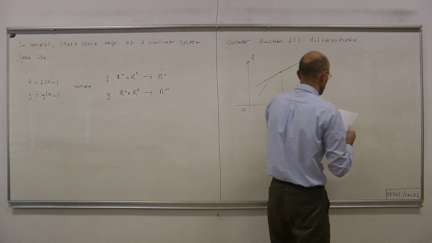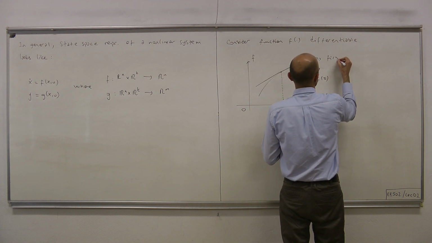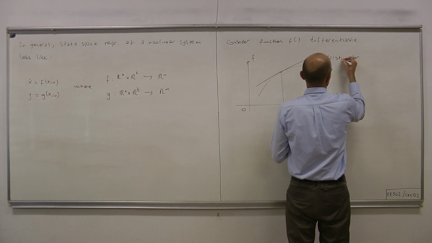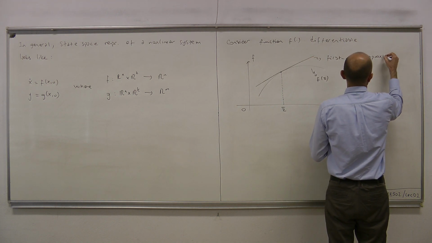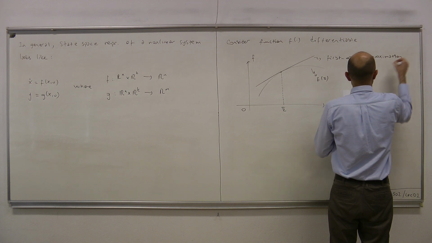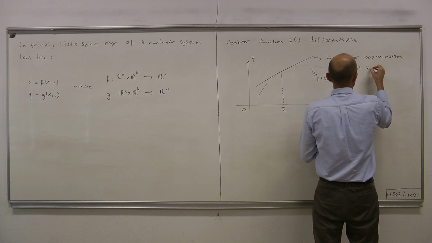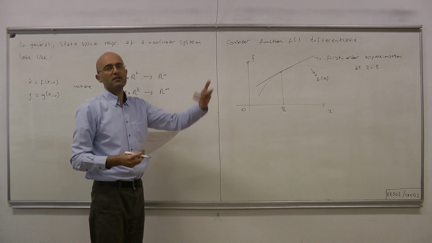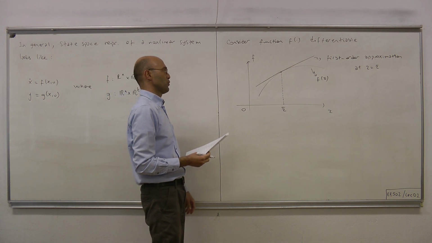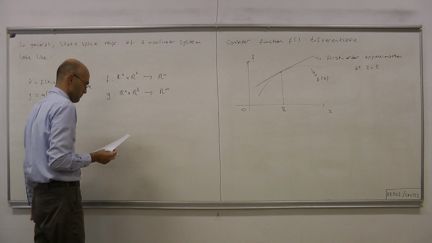This is called first order approximation at the particular point z bar. For another point, you will have another approximation because you will have another line.